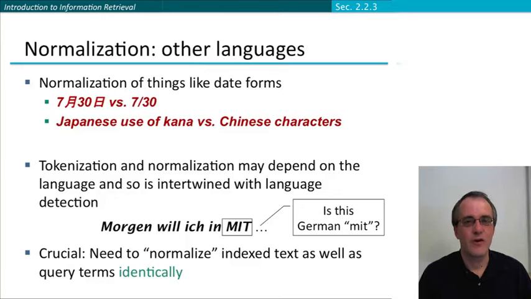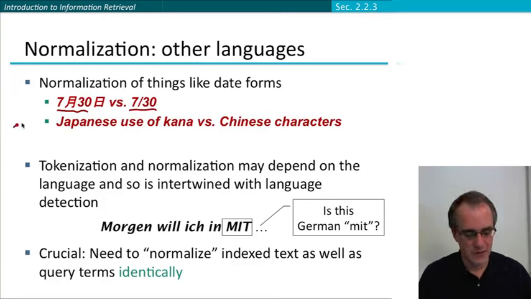The issue of word normalization brings back some of the issues we looked at previously for doing tokenization in different languages. So we talked about ways of having date tokens, but one part of that issue is you can write the same date in different ways, and we might want to normalize them so they get treated as the same term.